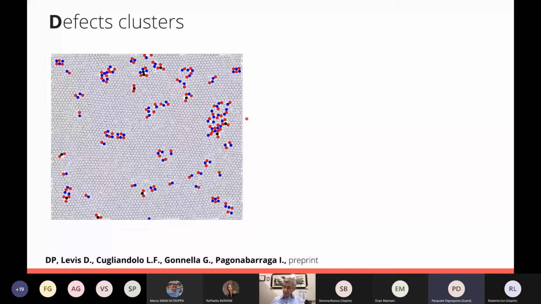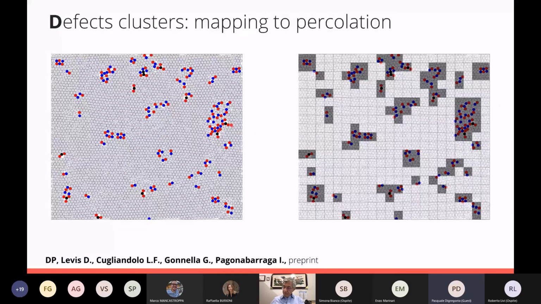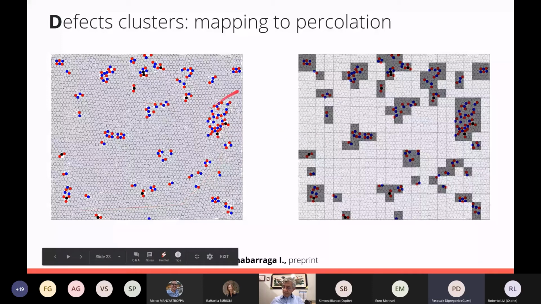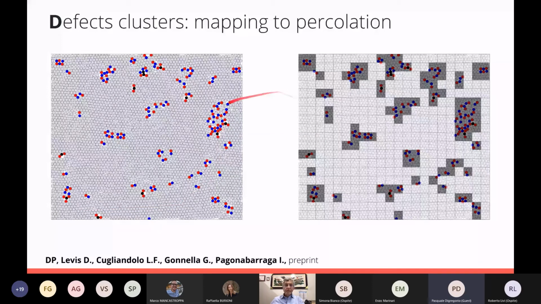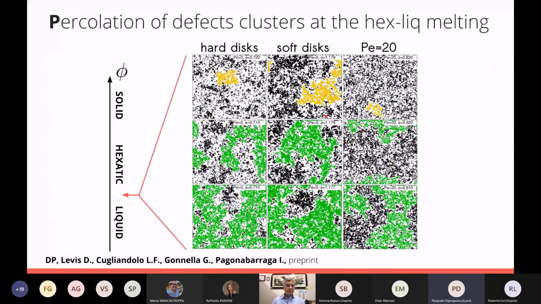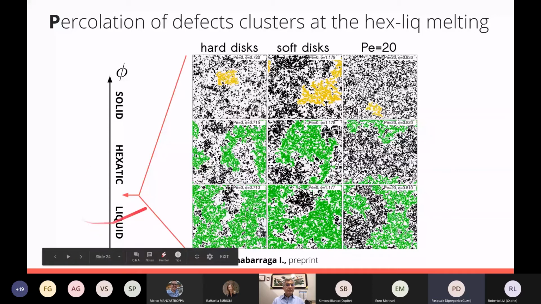So what we basically did is to map the problem of defects into a percolation problem. In particular, we mapped this problem into a site percolation problem on a square lattice, where the occupied sites are the sites that are actually occupied by defects. And what we found from this mapping is that we do observe percolation of defective clusters close to the hexatic-liquid phase transition.